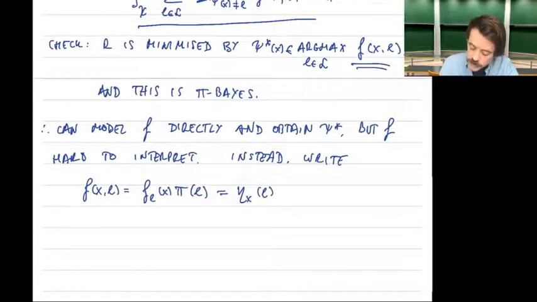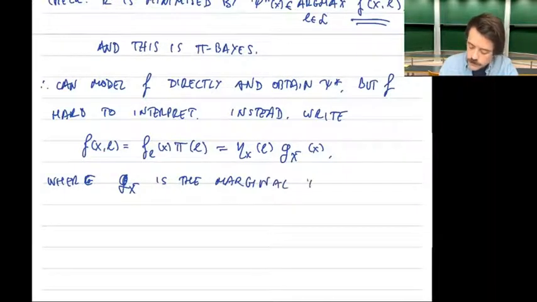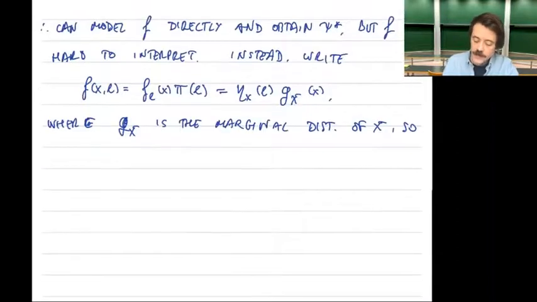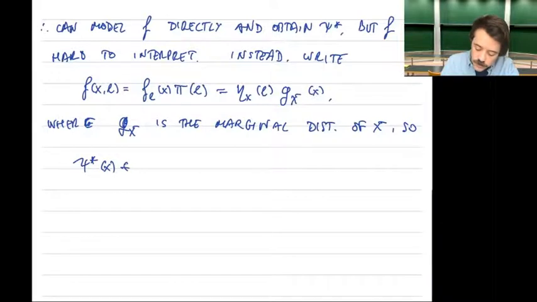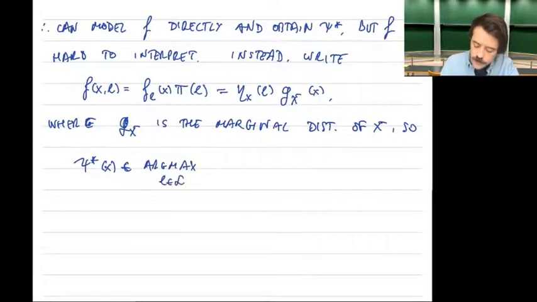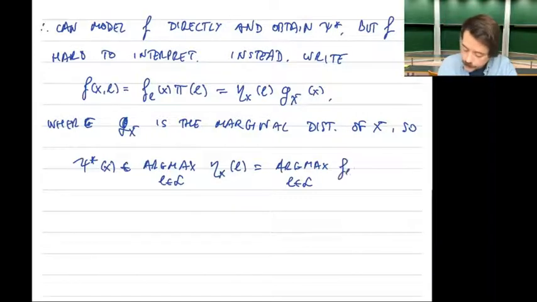So using the regressor and then the marginal of this X. So what we have therefore following from this is that the pi base estimator is also any of the maximizers in terms of the labels of the regressor and also of the product of these two guys.